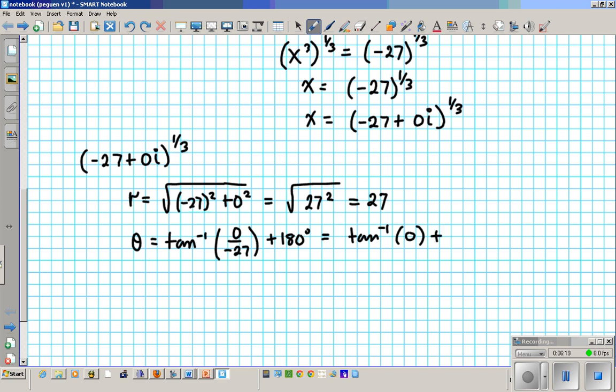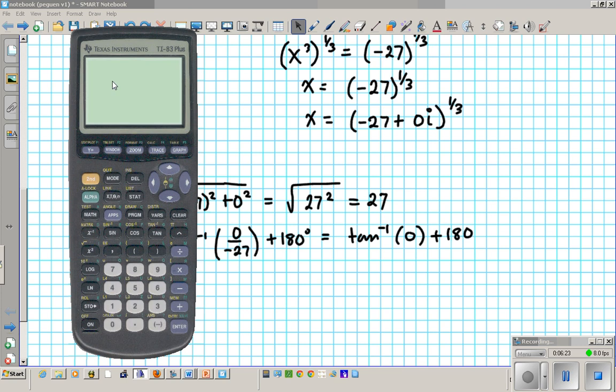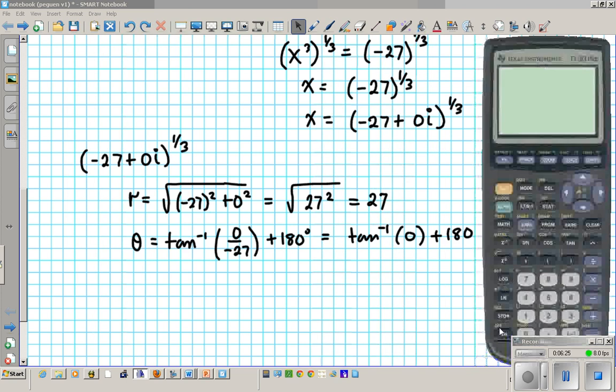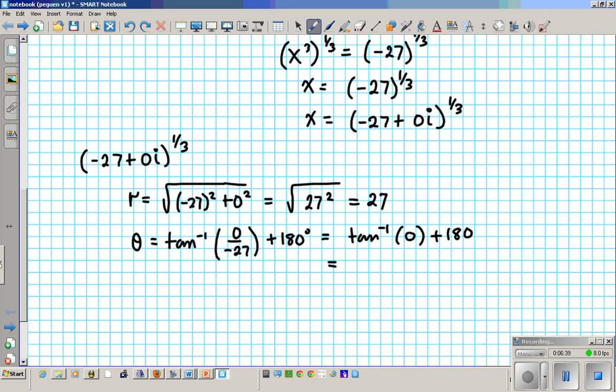What is the inverse tan of 0? Fire up the calculators. Inverse tan of 0 is 0. So we have 0 plus 180, so theta is going to be 180 degrees.